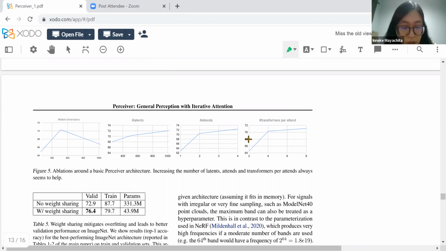But for the other hyperparameters, the number of input attends, like how many we want to fit in the inputs, and also the number of latent transformers, the greater the number, the better the performance, which also supports the hypothesis that the bigger the transformer, the better the model is.